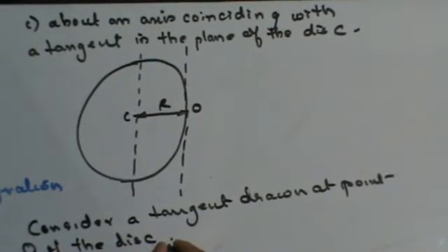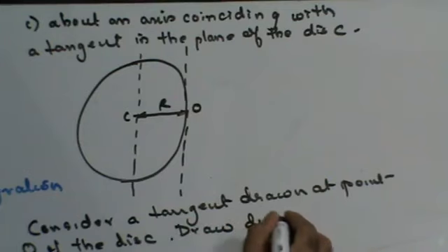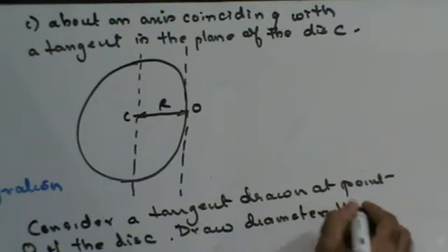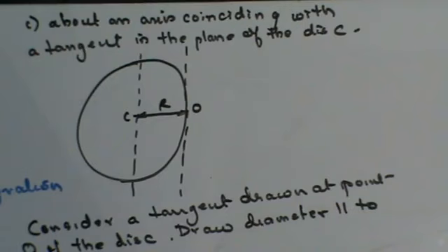Right? Draw a diameter parallel to the tangent. Let us assume that IO is the moment of inertia of the disk about the tangent.